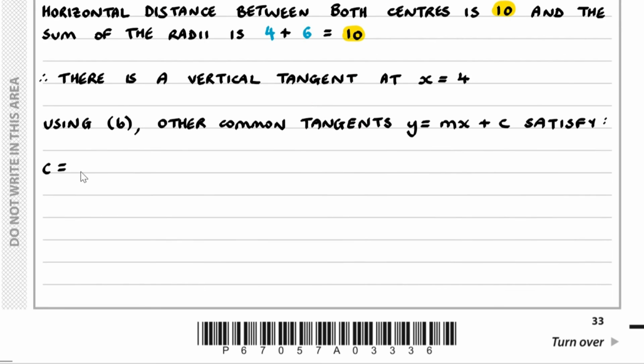So we have c equals 0 minus 0m plus minus 4 times the square root of m squared plus 1.